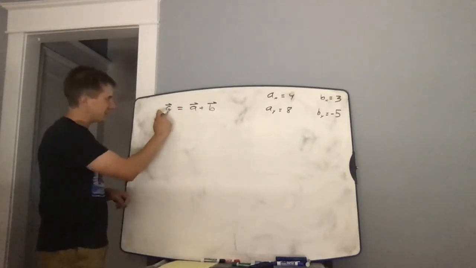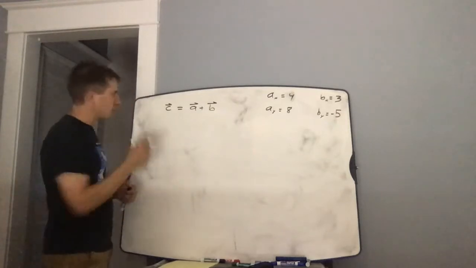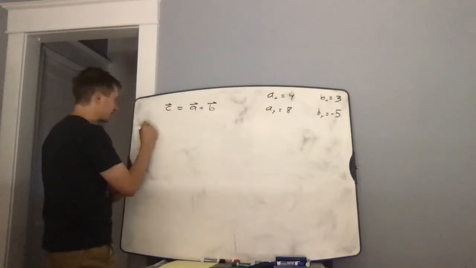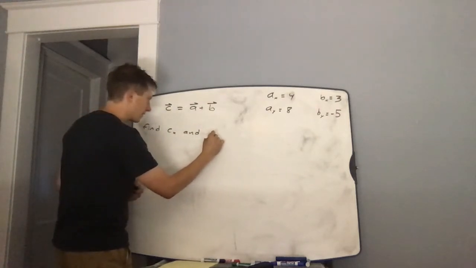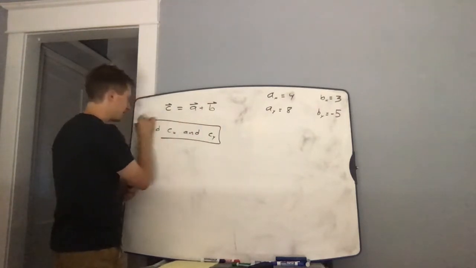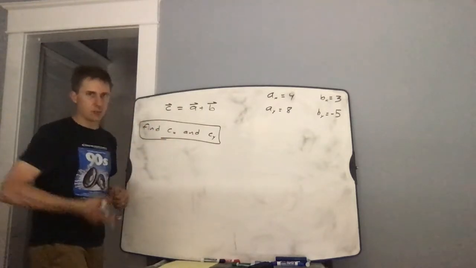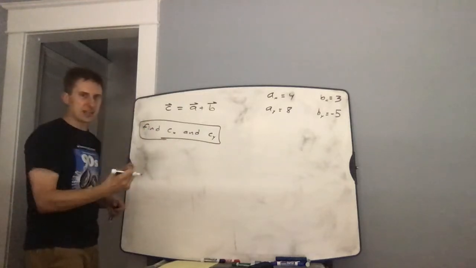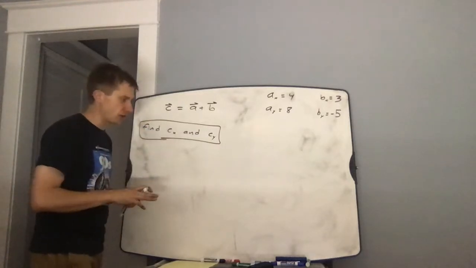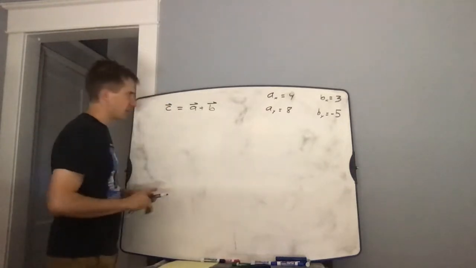By writing C equals A plus B, now I'm trying to find Cx and Cy. And this is basically the same thing as find the vector sum of A plus B. It's written in a bit of a different way, but it helps my mind think about what I'm really trying to do here. So I'm going to write C equals A plus B.